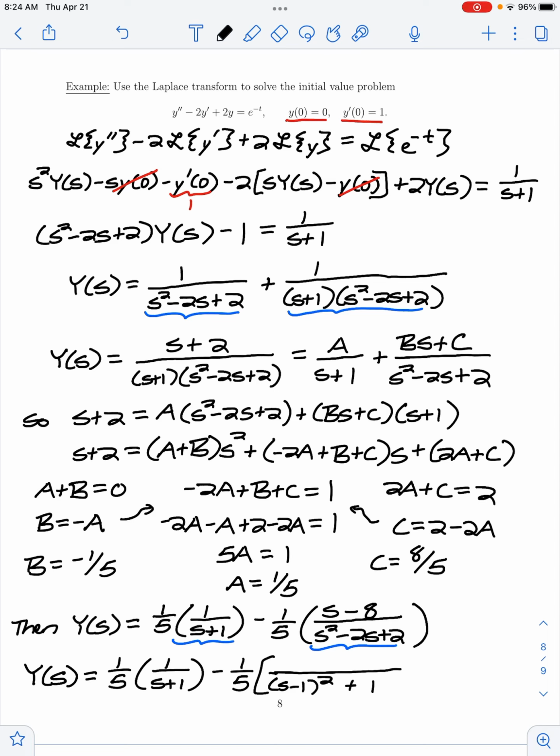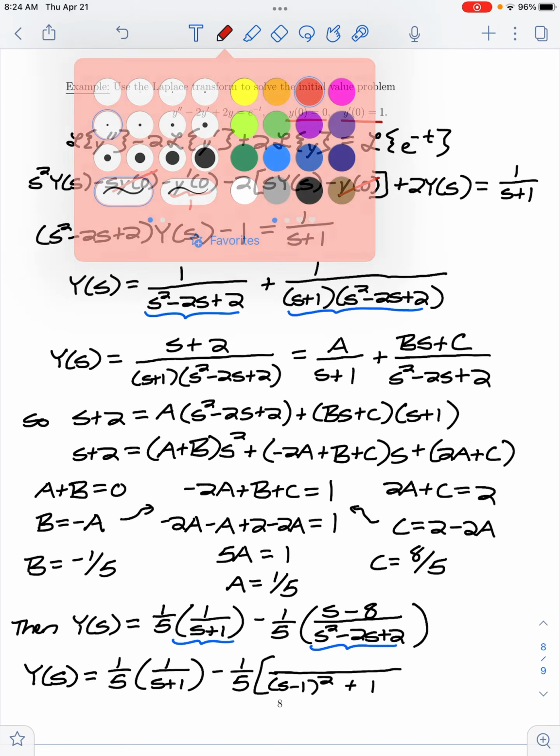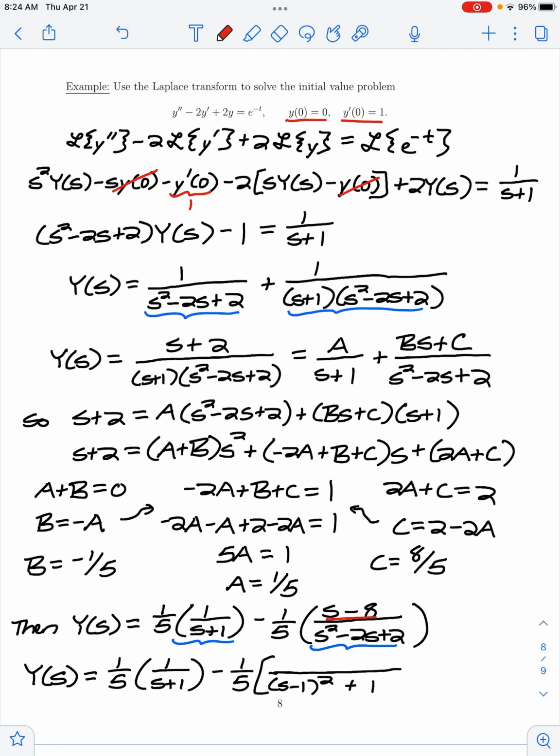And for my numerator, after I have completed the square, the factor that I have, s minus 8, well, to use the properties from my Laplace table, I want to rewrite this in terms of s minus 1, the factor that's being squared in that denominator. So here, this s minus 8 expression, I could rewrite as s minus 1 minus 7.